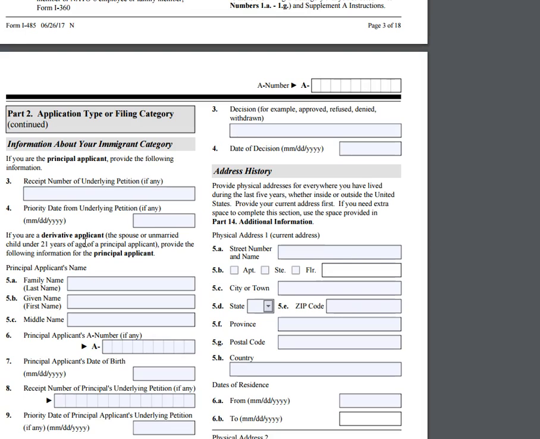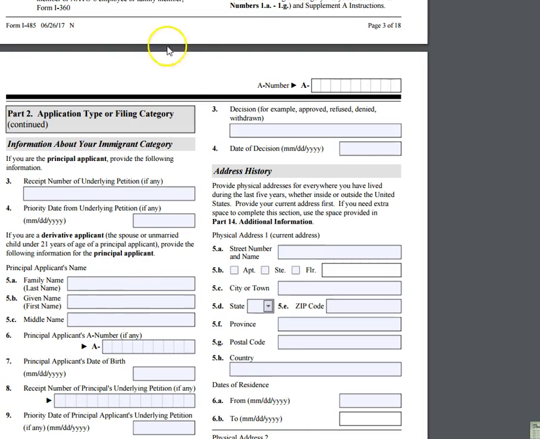The derivative is not the applicant. The derivative gets the benefit because they are related to the applicant, and generally a child is under 21 years old. The spouse also: let's say you file for your son and he gets married, the wife of your son becomes a derivative. So they give some detailed information about derivatives here.